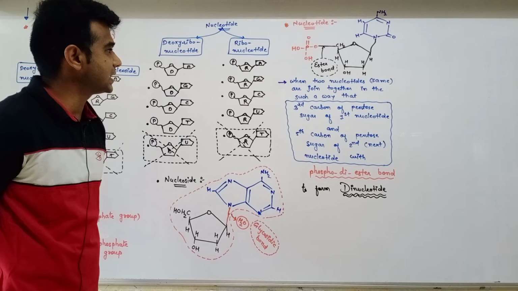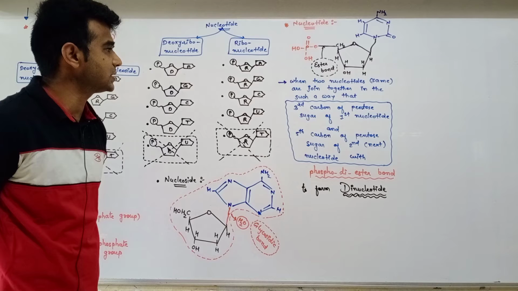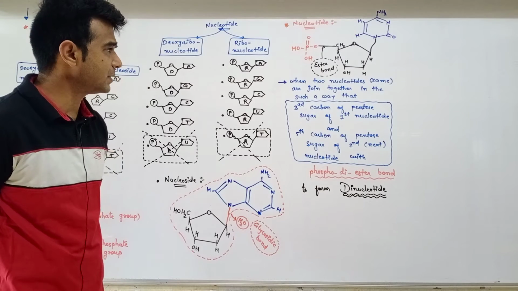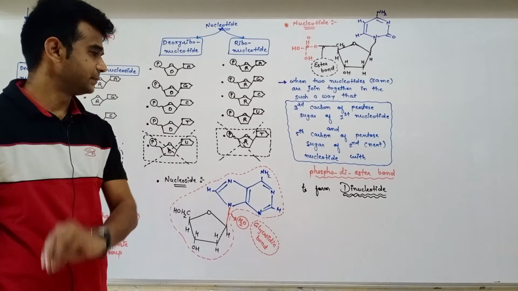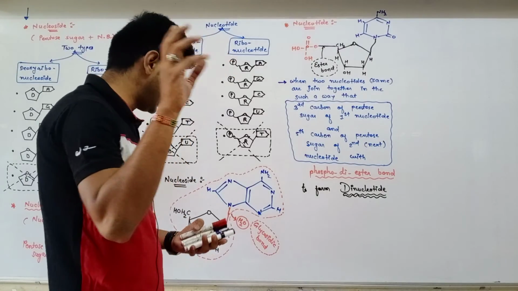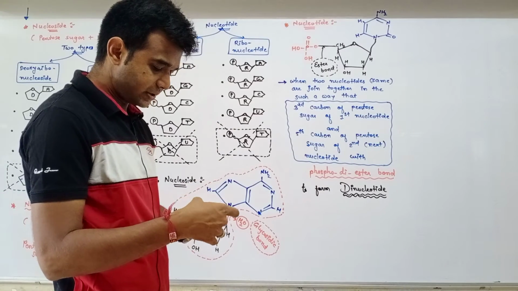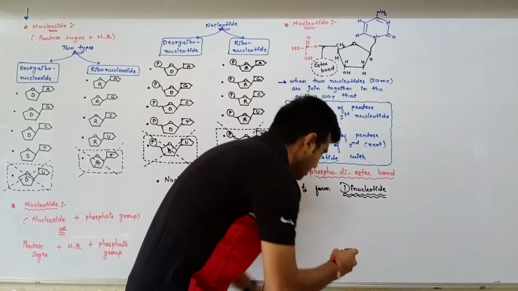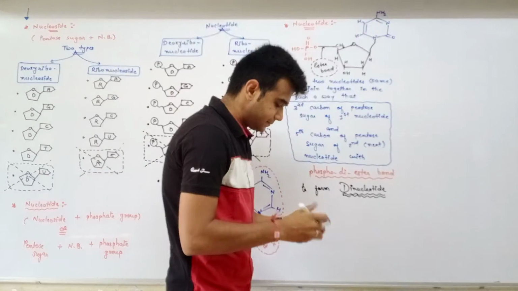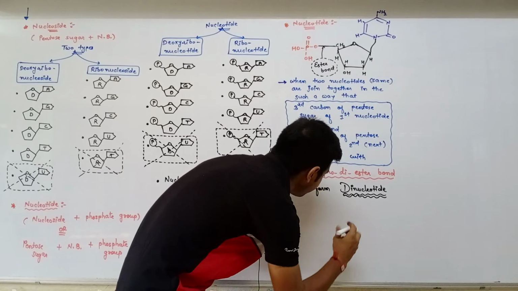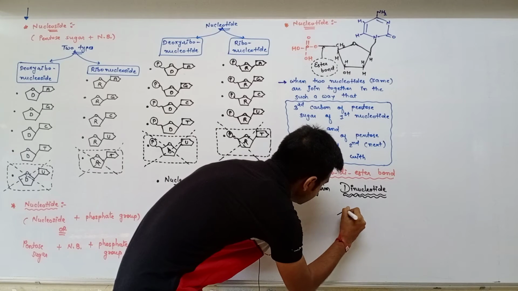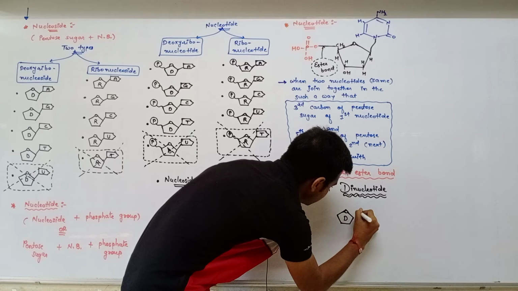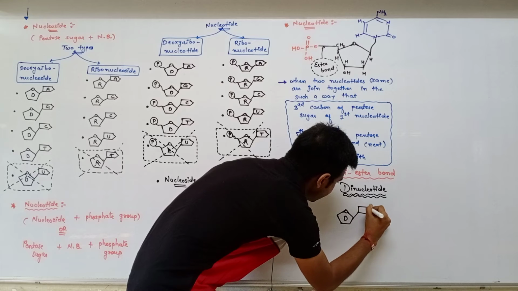The two nucleotides are joined together in such a way that what? Third carbon of pentose sugar. Wait. I can now draw here. Two nucleotides I am drawing here. Wait. This is the pentose sugar, deoxyribose. Suppose with that adenine is there.